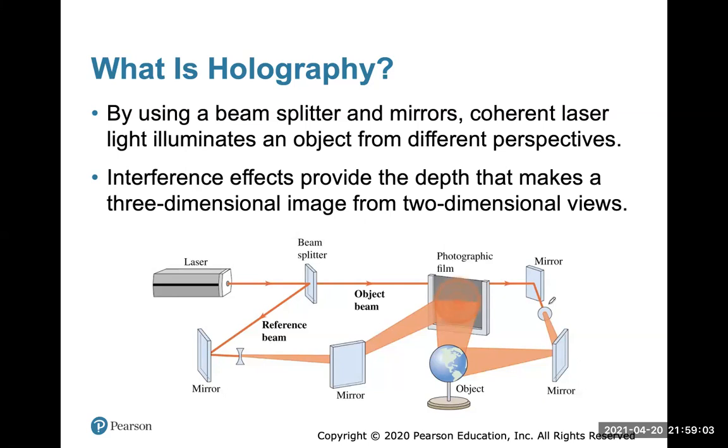The trouble is, it's constructed in the first place with coherent laser light of a particular wavelength, which means you can't see it unless you illuminate it with laser light of that same wavelength.